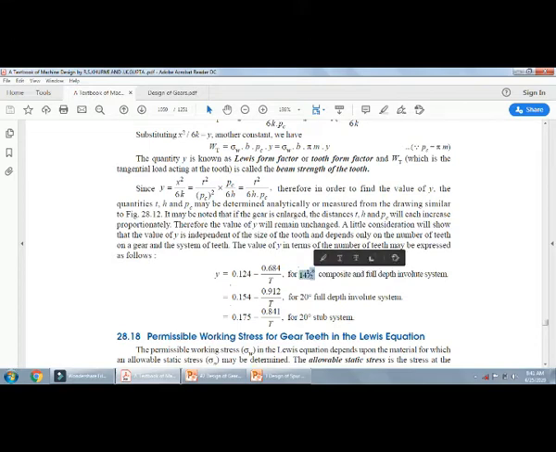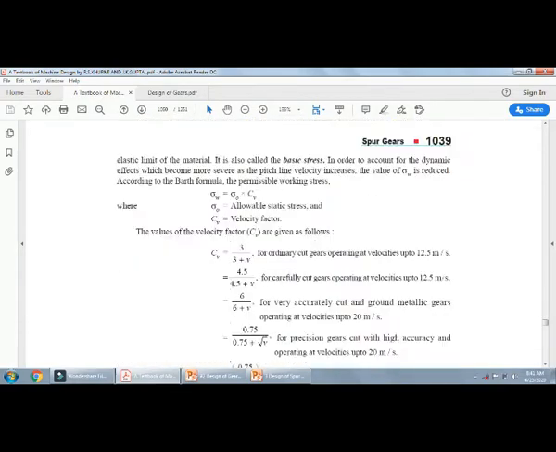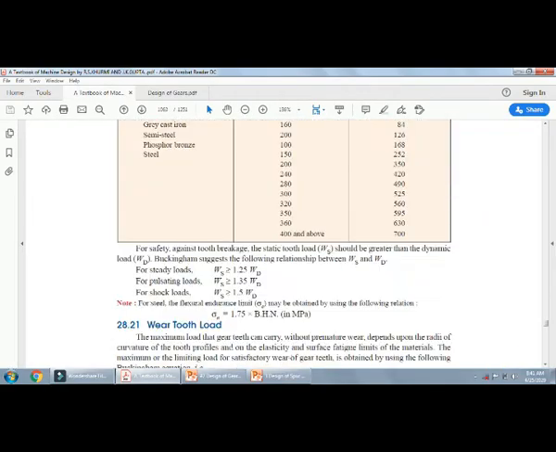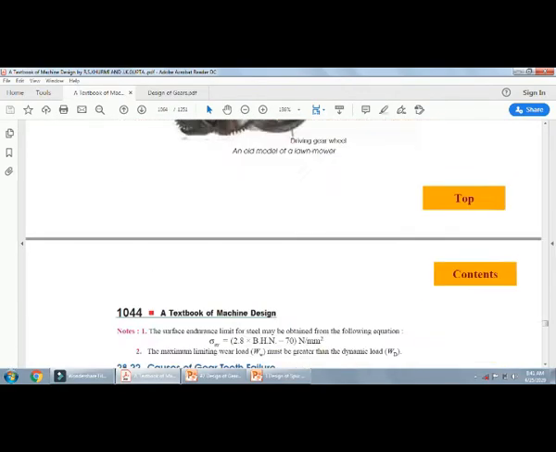The system of the gear is 14.5 degree, 20 degree or 20 degree stub system. So, if not given, then we may also pick up this y value, this is the Lewis form factor.